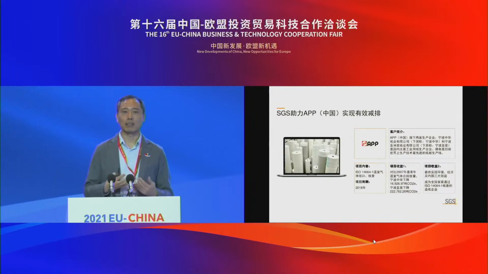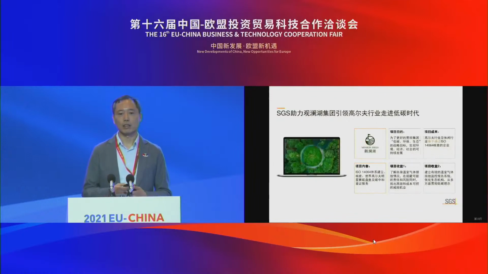And we would like to also share some of the international companies engaged with carbon review work, including APP, Nomad, and a lot of other products. In 2018, they started the carbon review work. They have realized they have made profit out of this.